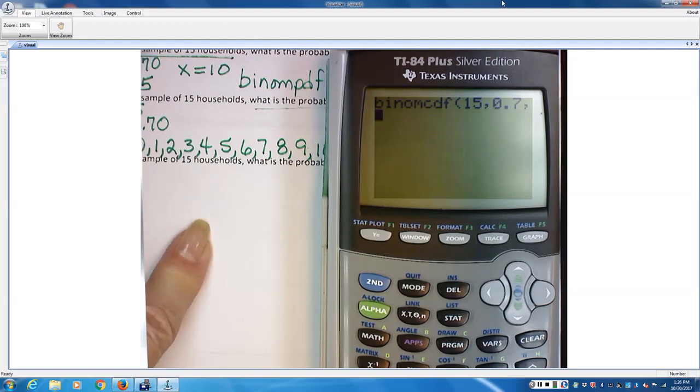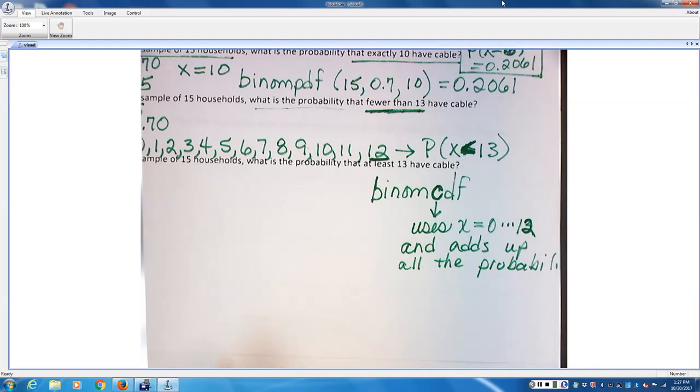The highest number is 13, but 13 is not included. So the highest number we need is 12. Now I want you to get that answer. Okay? Now I'm going to move this, and I'm going to use the other calculator.